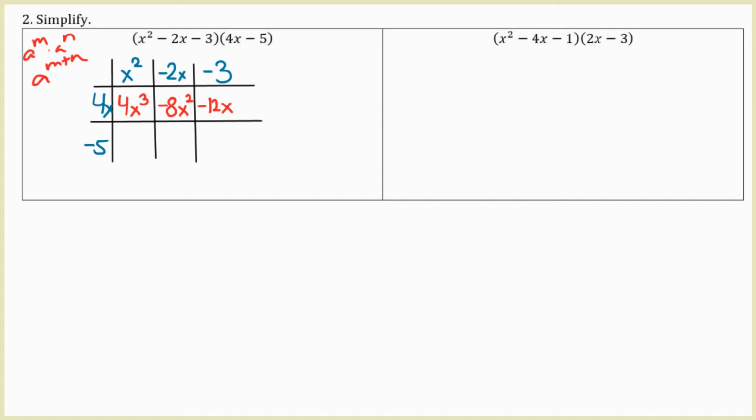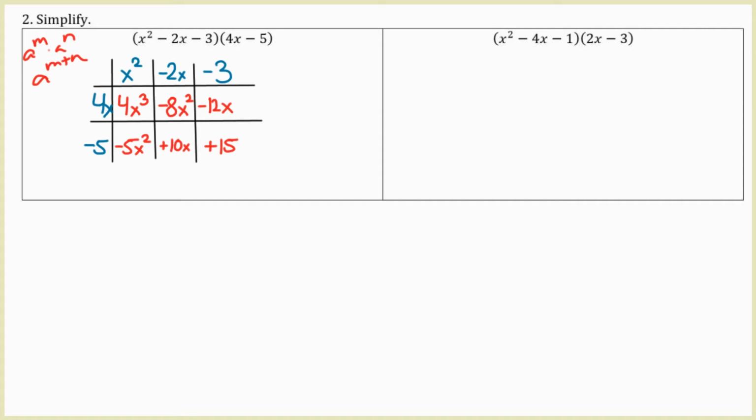We're going to multiply everything by negative 5 this time. So we have negative 5x squared. A negative and a negative make a positive 10x. And then finally, a negative and a negative make a positive 15. Those last two, we had two negatives, so that's why it became a positive.